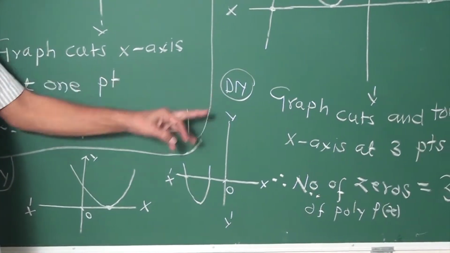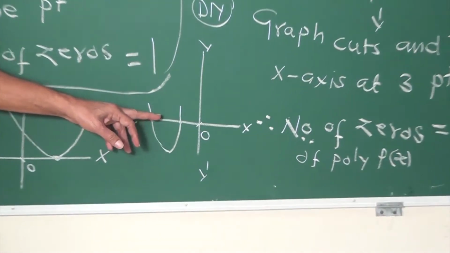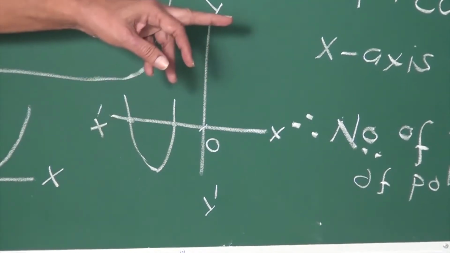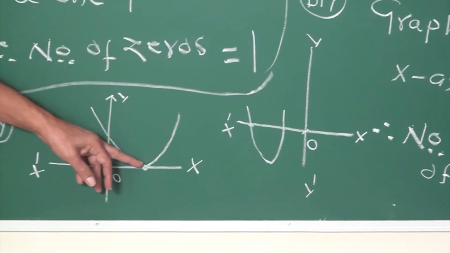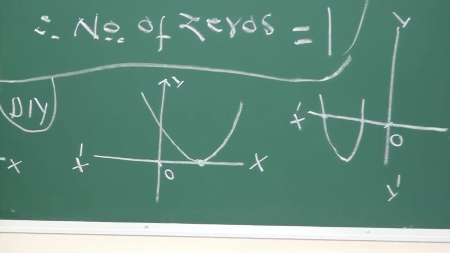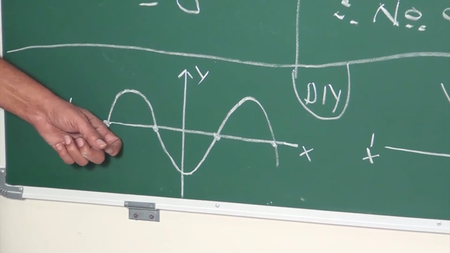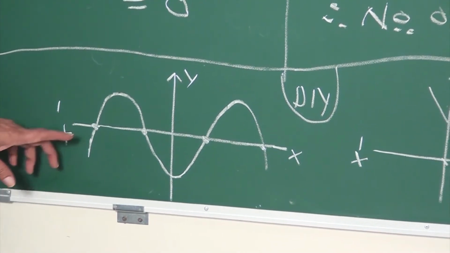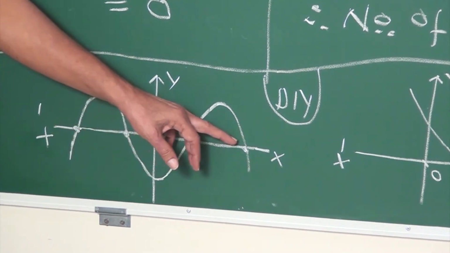Do it yourself. The graph cuts the x-axis at 2 points, and touches at one more, therefore the number of zeros is 3. Here it touches at only 1 point, so the number of zeros is 1. In this case, the curve cuts the x-axis at how many points? 1, 2, 3, 4.